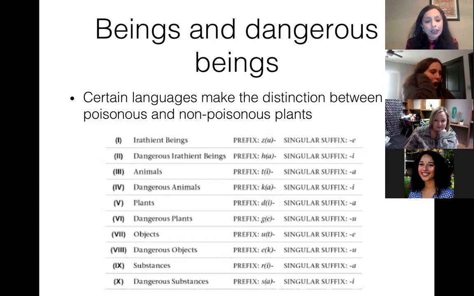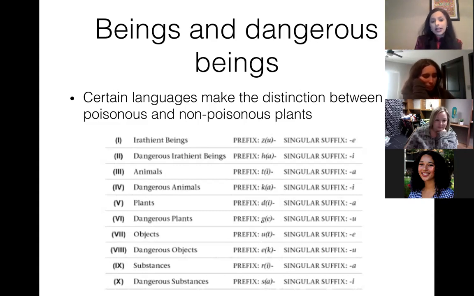If you had a plant, it belonged to noun class 5, and the prefix was the, and the singular suffix was a. So you had the word for plant, and a. That's how the word would be for just plants.